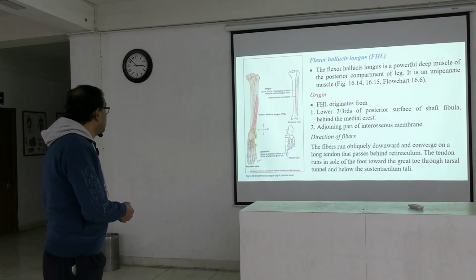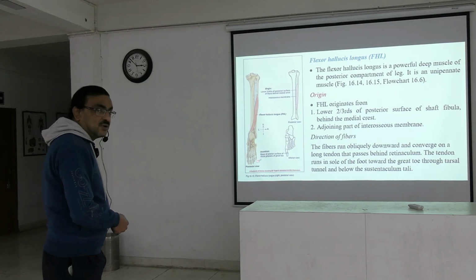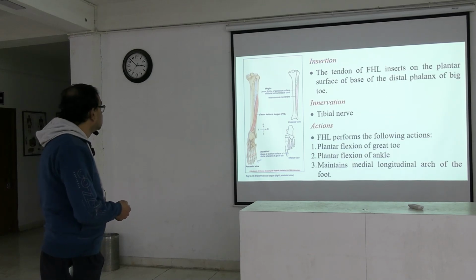From the fibula, this is the posterior view of tibia, fibula and the bones of the sole. Okay. So this flexor hallucis longus is going to the terminal phalanx.